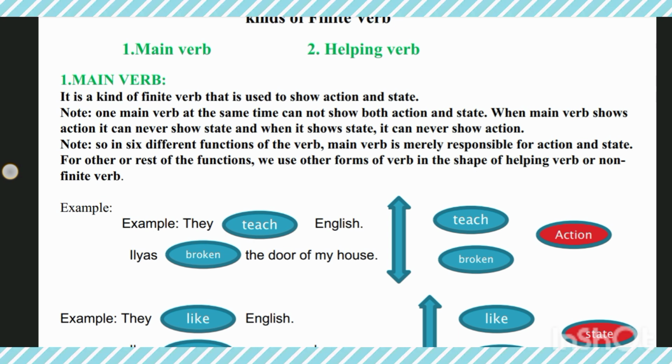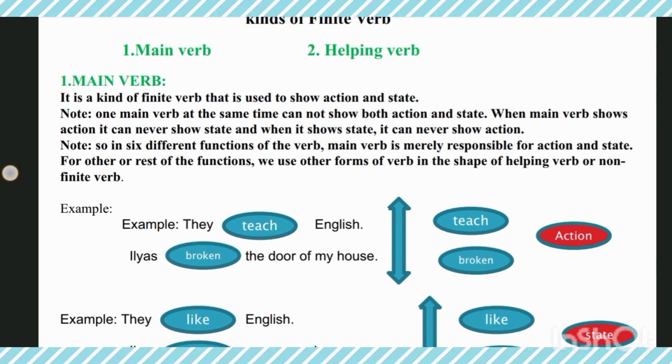If they show action, they cannot show state. If they show state, they cannot show action. When a main verb shows action, it can never show state. When it shows state, it can never show action. It is always the same, but there are six different functions of a verb.